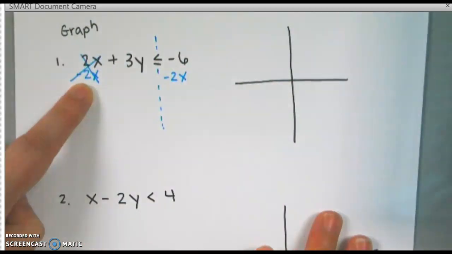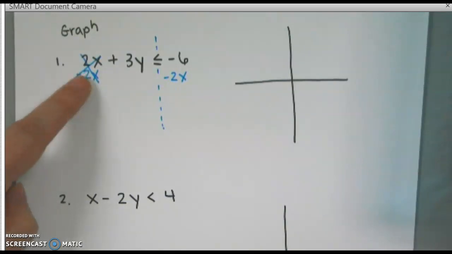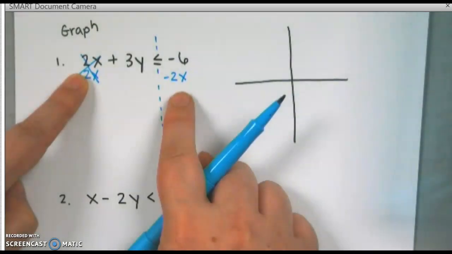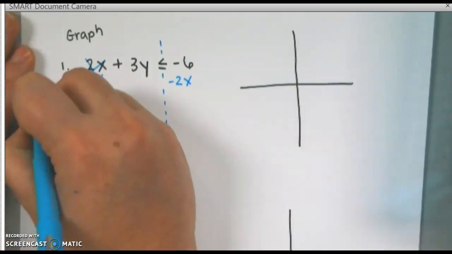So it's gone. Remember, none of these are like terms. You are not supposed to physically subtract 2 from anything. We're just rearranging the inequality, and what I'm going to have is no more x on the left, but I will have a negative 2x on the right. So step number 1 is we move the x.